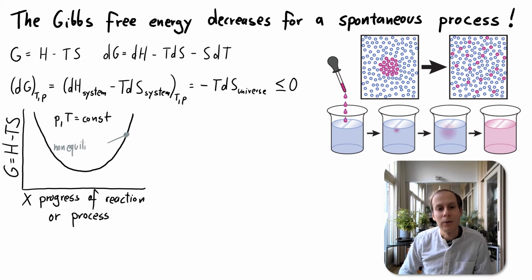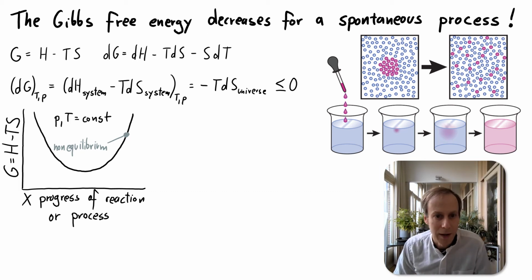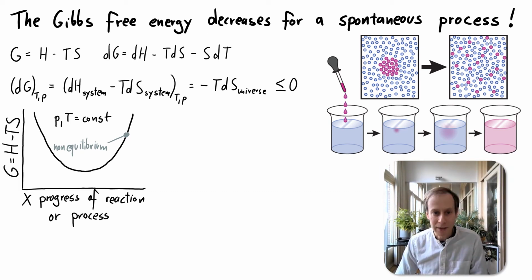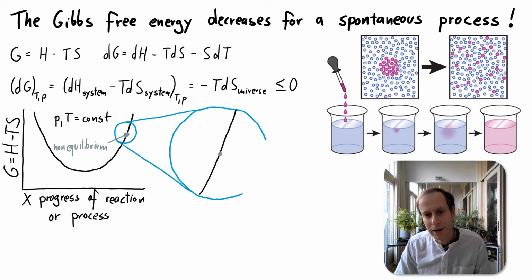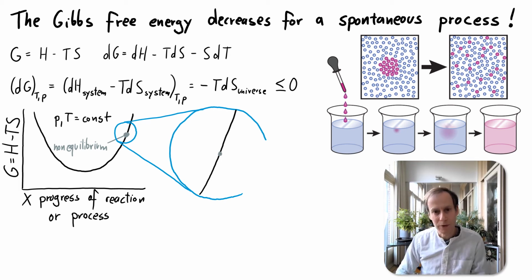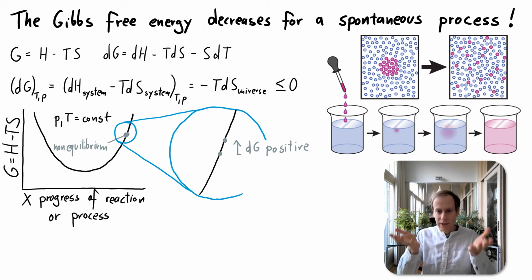And now at any point of this U that is not at the bottom, we can state that this is a non-equilibrium point. Why is that? Because if we take a closer look, the curve at that point, if we are going up, then the Gibbs free energy will always increase.